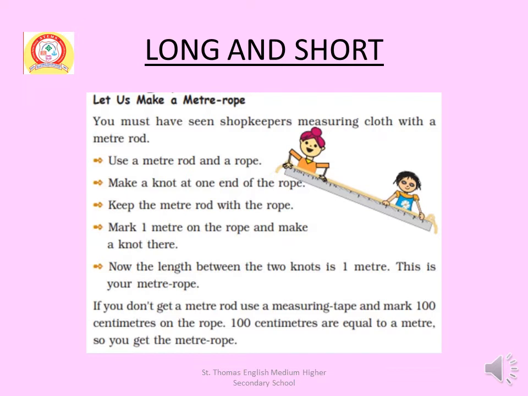Number 4, mark 1 meter on the rope and make a knot there. Number 5, now the length between the two knots is 1 meter. This is your meter rope.